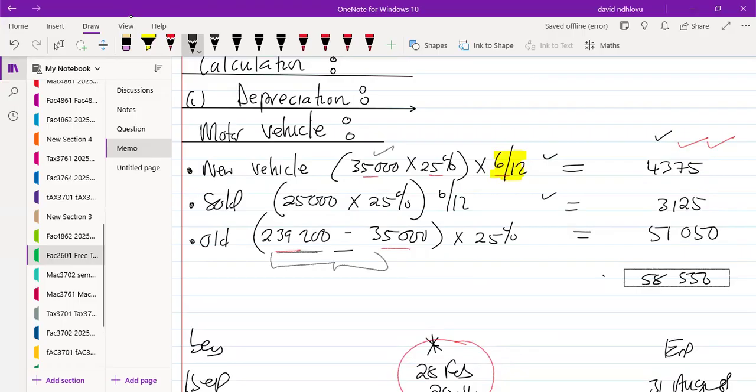So 204 is the value of the old vehicle. But the 35 combines this amount and that amount. I need to split them for the purpose of calculating depreciation. Right? Because this one needs what? 6/12. This one does not. So I can't combine the calculation. It's impossible. Right. So that is how we calculate that.